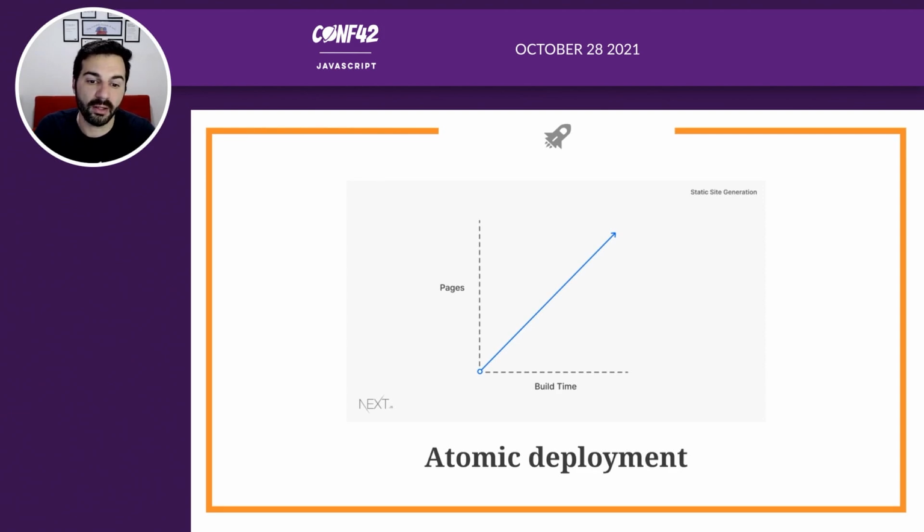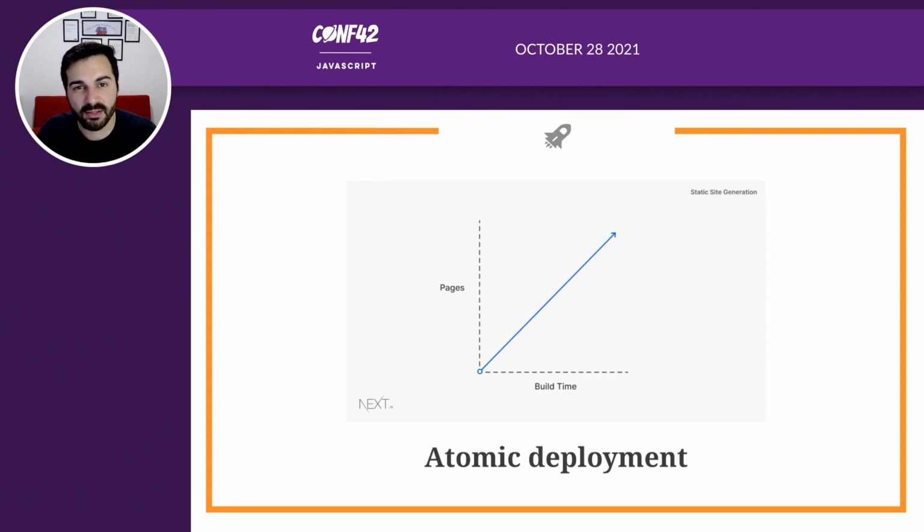And if our website is getting bigger and bigger with more and more pages, this build time will increase more and more. So in the case that we want to add a new blog post to our platform, or edit one page of our website, if we want to generate all the static assets at build time, this process will take longer and longer.